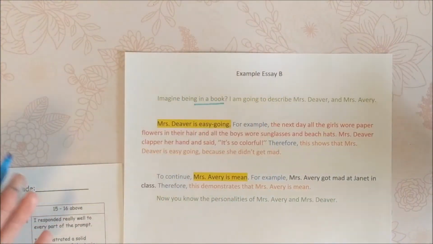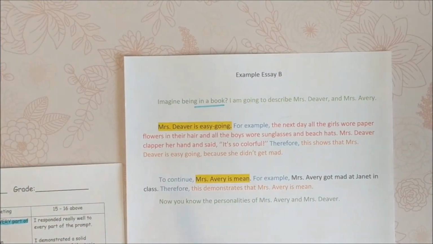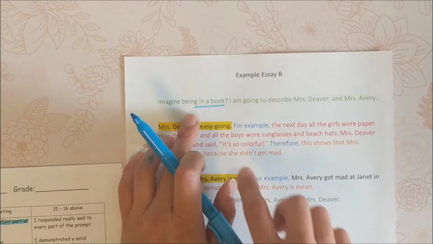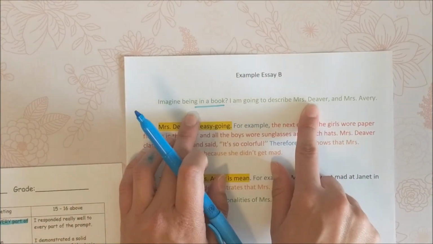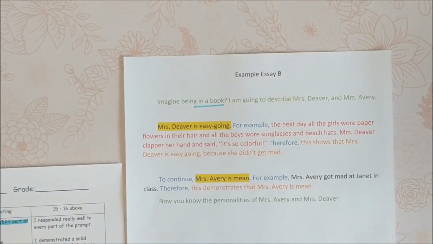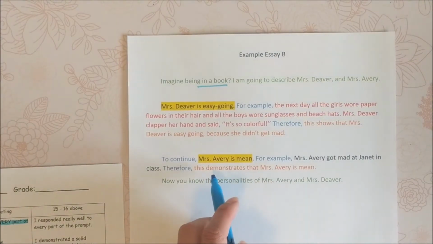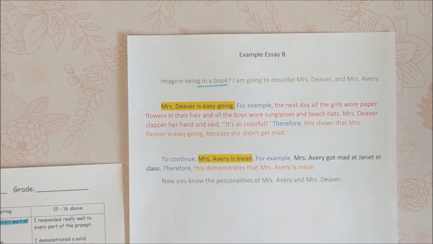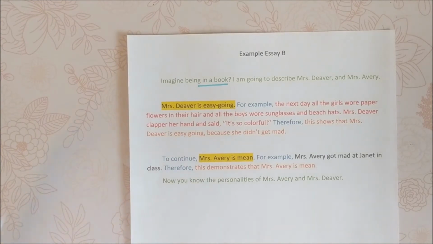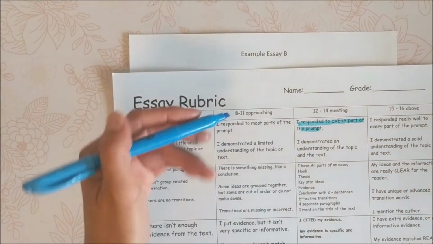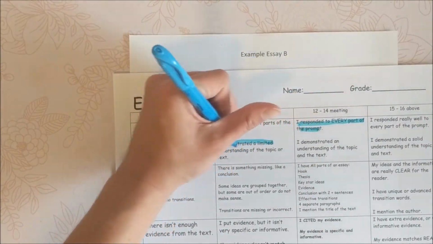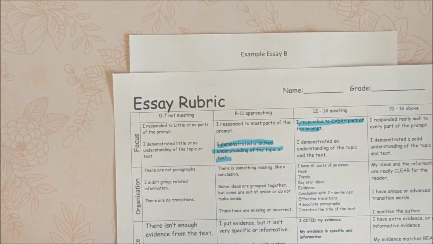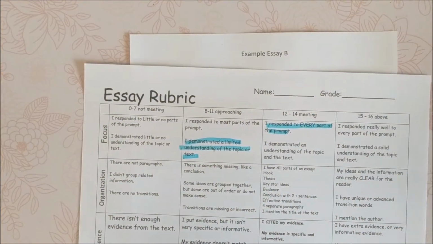They don't really show you that they know what's going on, because the hook is good, but then they didn't tie the hook into this. They're missing something. They also don't explain a lot, and this just shows me that they maybe don't really, really understand what we're writing about. They understand it pretty well, but I would probably say that's a limited understanding of what we're writing about. That's my opinion. If you put something else, that's okay.